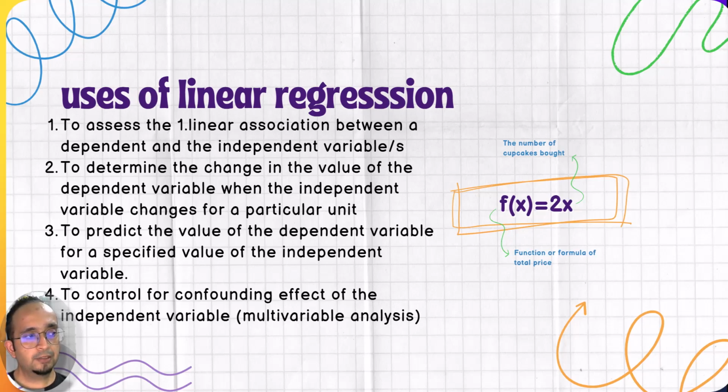We can also predict the value of the dependent variable for a specific value of the independent variable. And lastly, we can control for the confounding effect of the independent variable, which is in multivariable analysis.